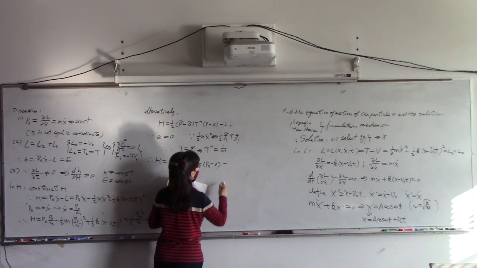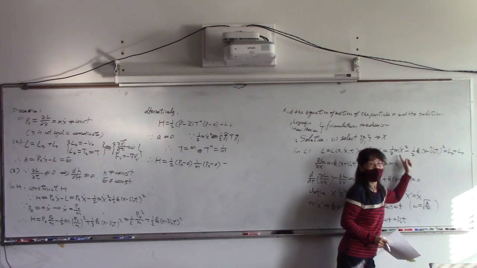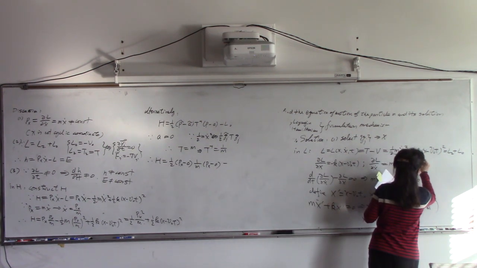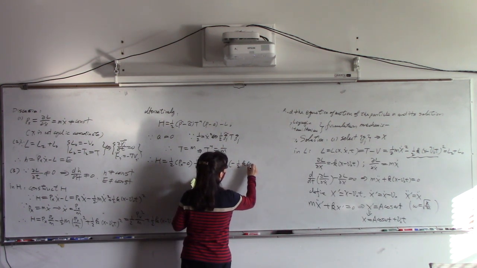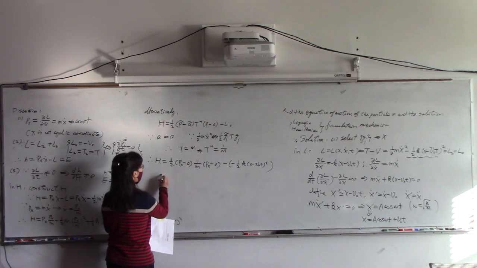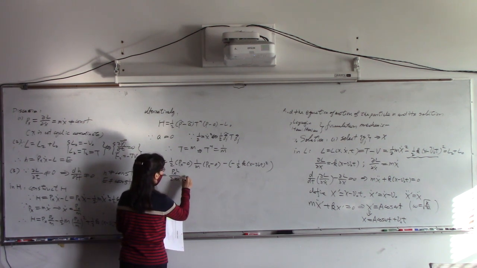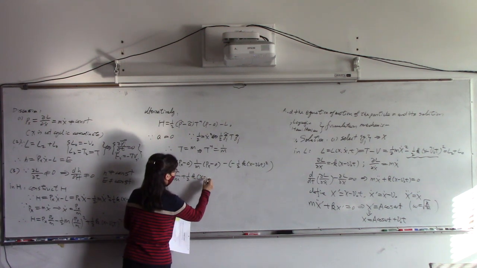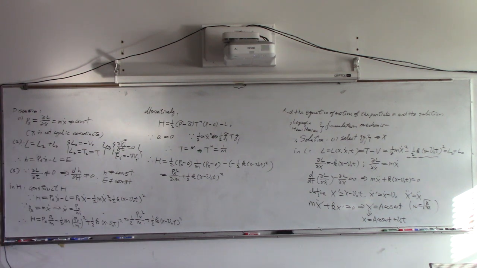What is L naught? L naught is this term, negative half of k (x minus v naught t) squared. Then you immediately get Px squared over 2m plus half of k (x minus v naught t) squared. I didn't write the H here, but you will see it like this.